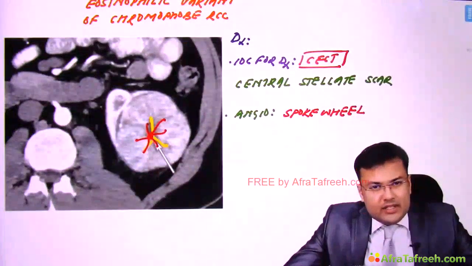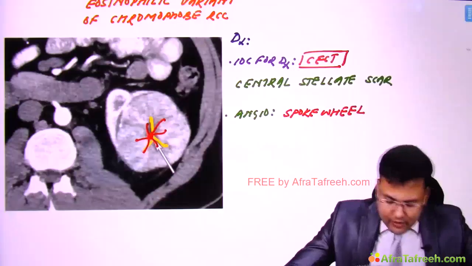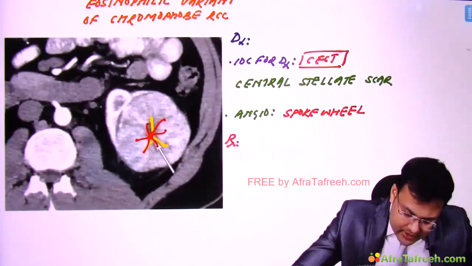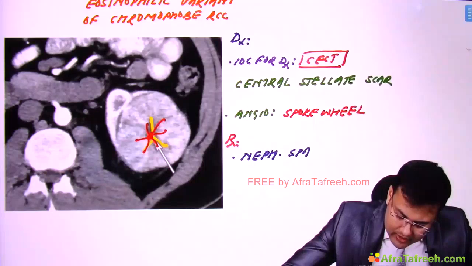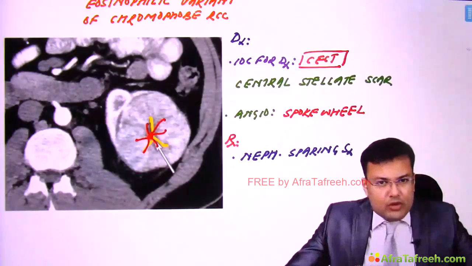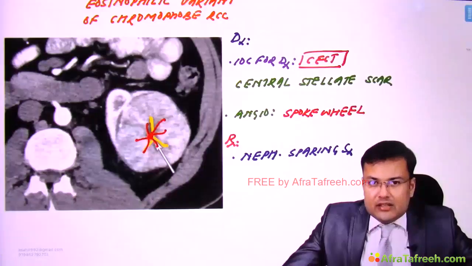How are we going to treat? Since it's a benign tumor, obviously we go for what? Nephron sparing surgery or partial nephrectomy. So what's the treatment? It's nephron sparing surgery or partial nephrectomy. Clear?